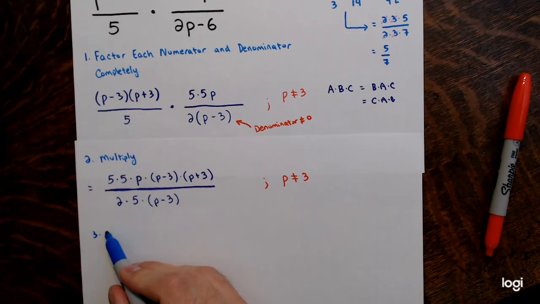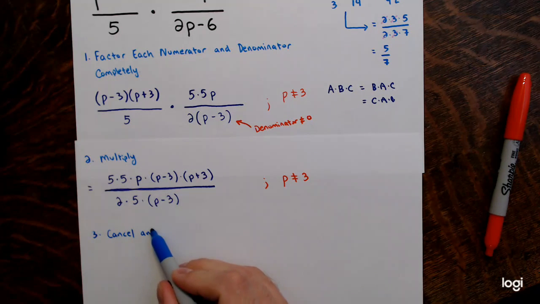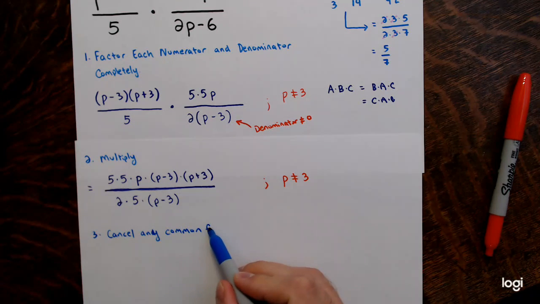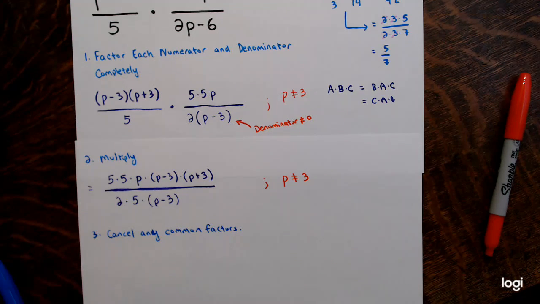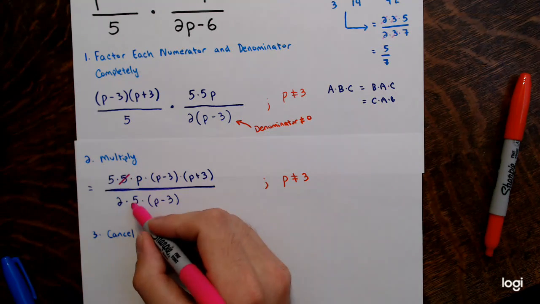This is where we cancel any common factors in the numerator and denominator. This is the simplification part. Looking at this, I'm noticing the numerator and denominator both have a factor of 5.